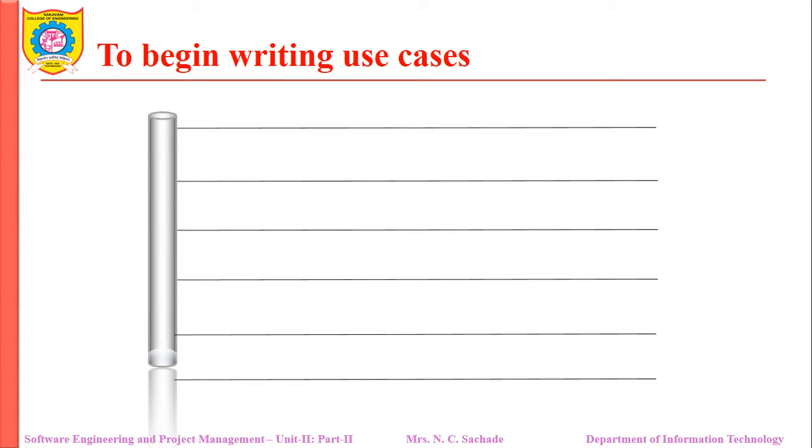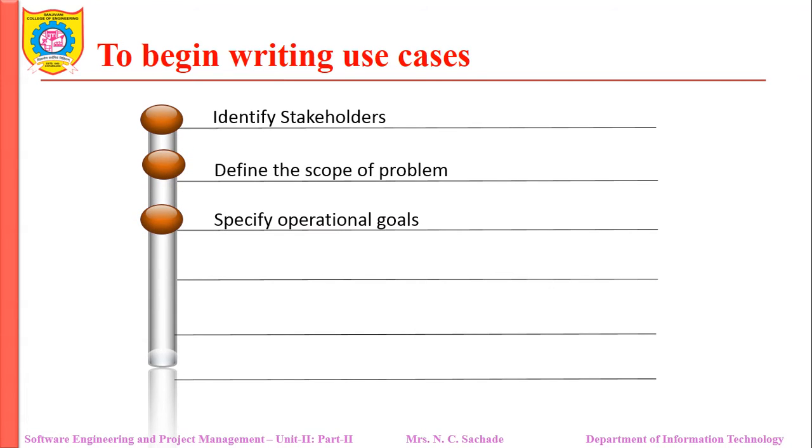Now we have to start writing the use cases. What should we do? The first thing we should do is identify stakeholders. Who is going to operate the system? Who is going to help me operate the system? This helps me identify stakeholders. Second is defining the scope of the problem. The third is specifying operational goals.